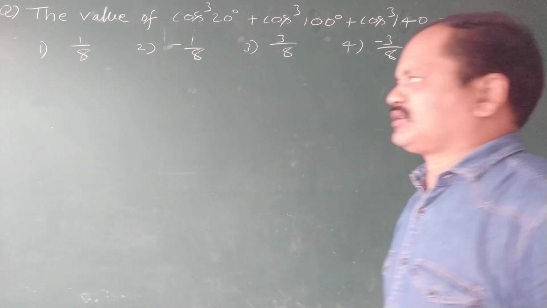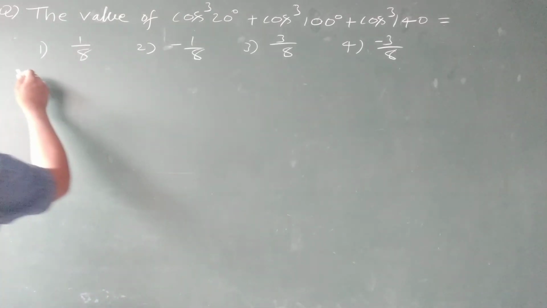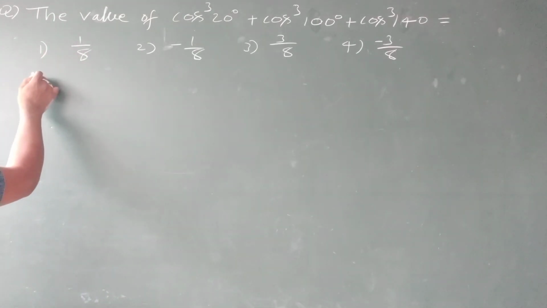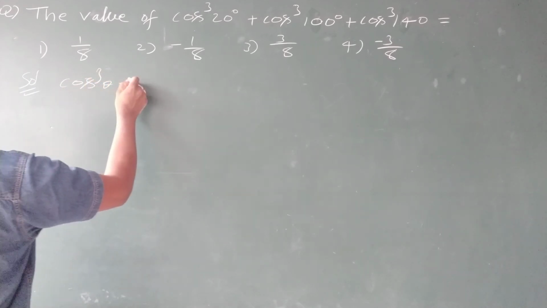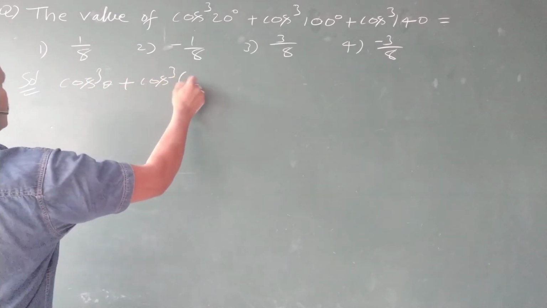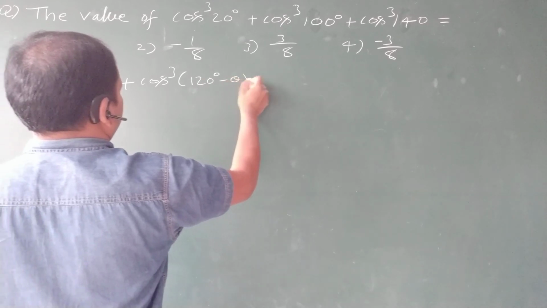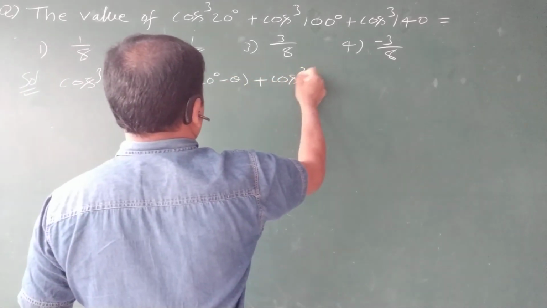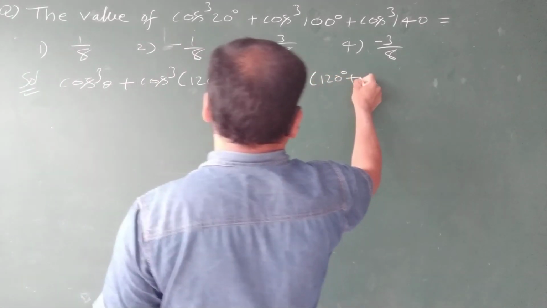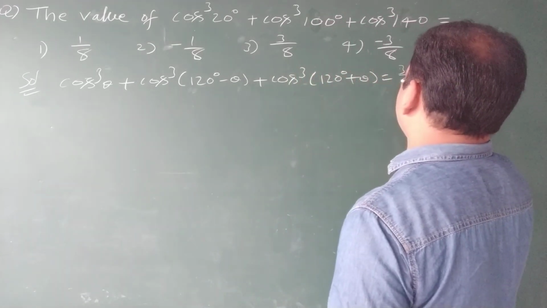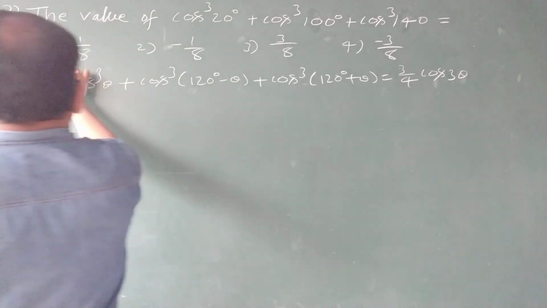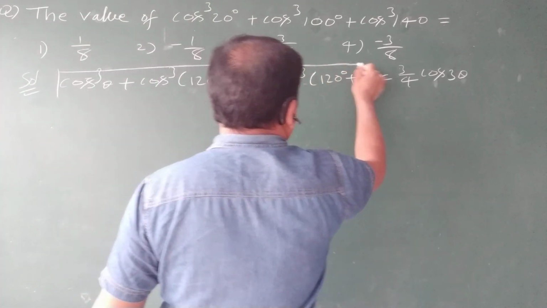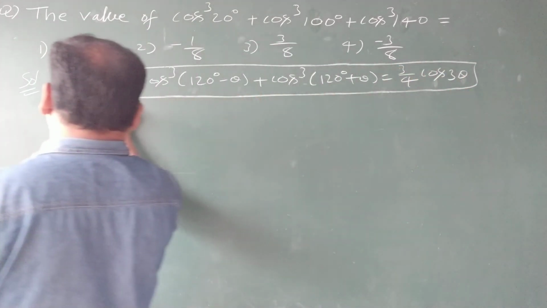Now we have to solve this question according to the formula. First, write the formula. What is the formula? Here it is cos cube theta plus cos cube (120 minus theta) plus cos cube (120 plus theta) is equal to 3 by 4 cos 3 theta. According to this form, we have to write this.